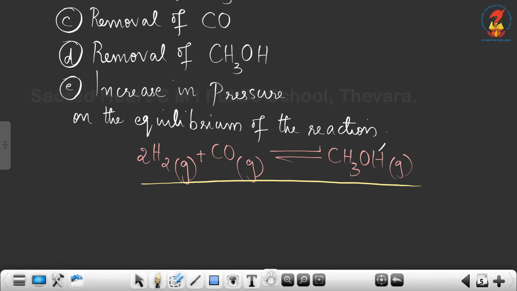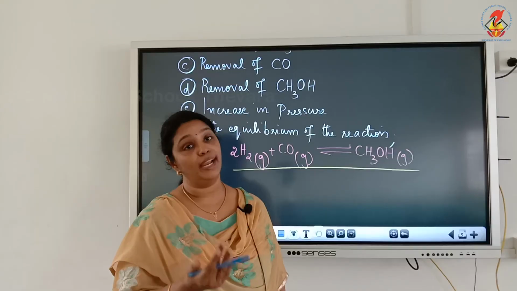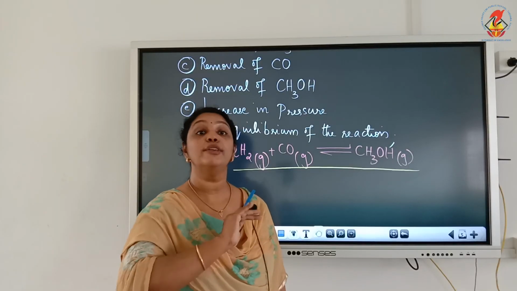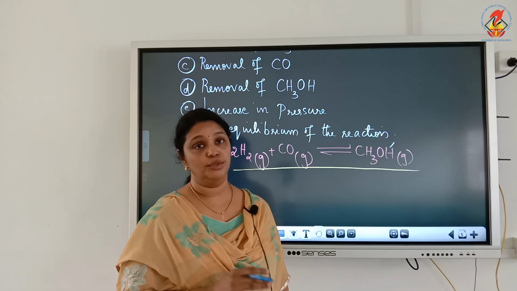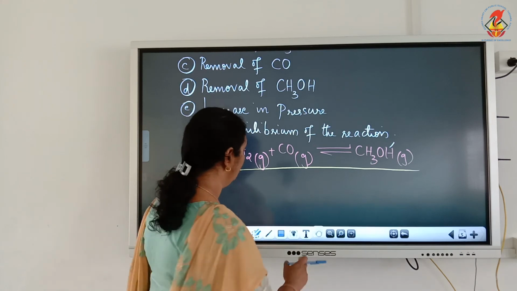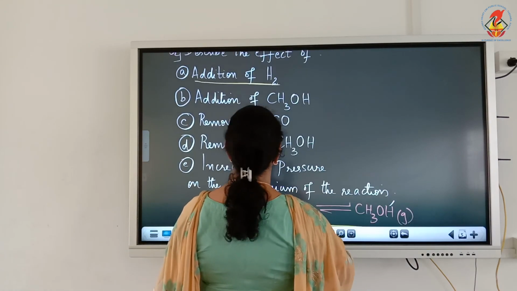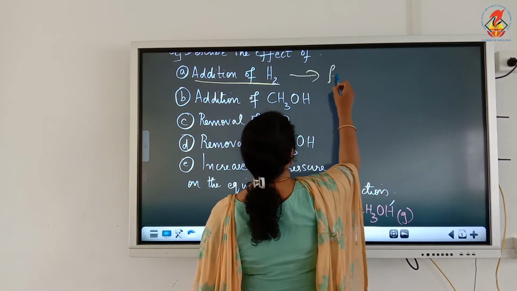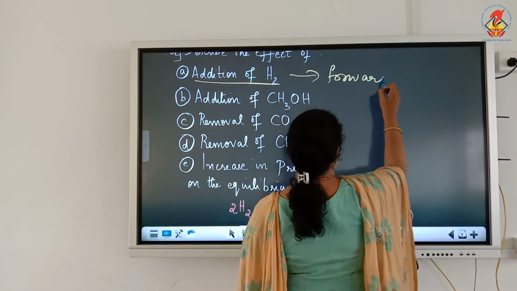You know that if I add more hydrogen, I am increasing the concentration of hydrogen. So what will happen? The reaction will take place in the forward direction to reduce that increased concentration of hydrogen. So the first answer, addition of hydrogen: the reaction takes place in the forward direction.